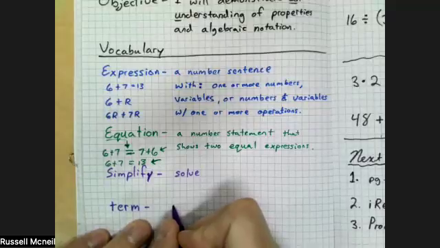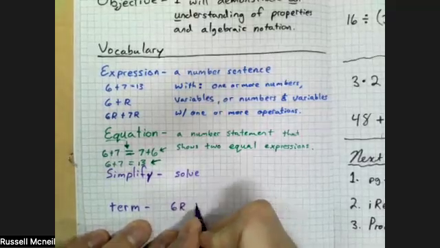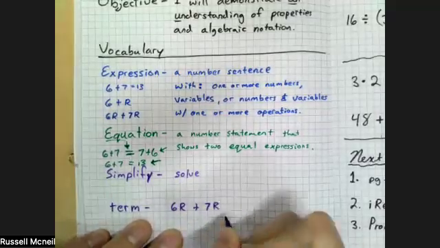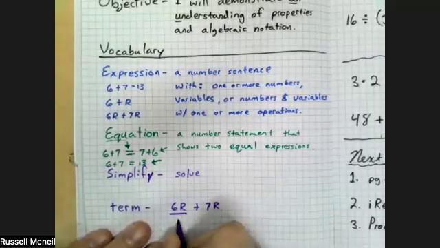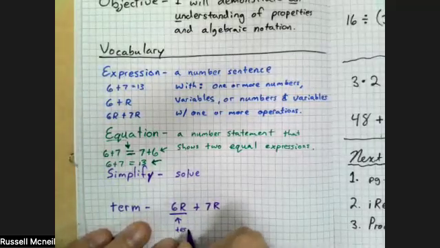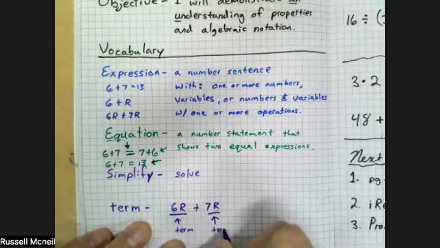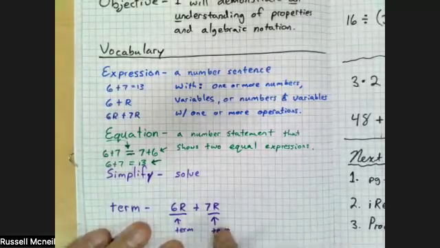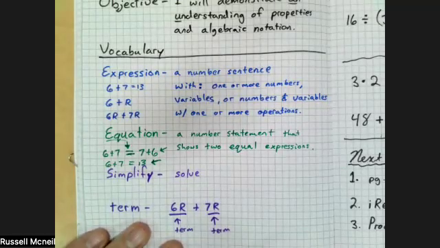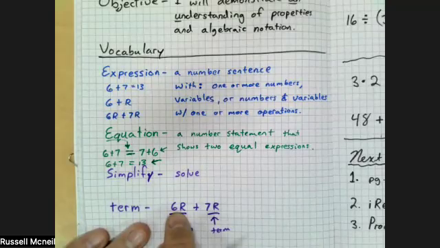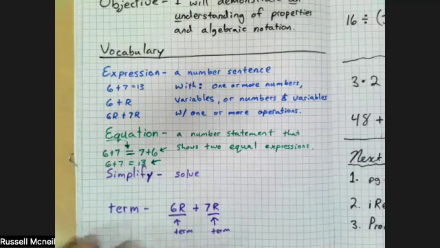The terms would be, let's say, 6r plus 7r. 6r is a term. 7r is another term. Now, we know in addition these are addends, but now we know that they're also terms. Now, 6r is actually 6 times r. So it's an addend, but this is also part of that multiplication problem.